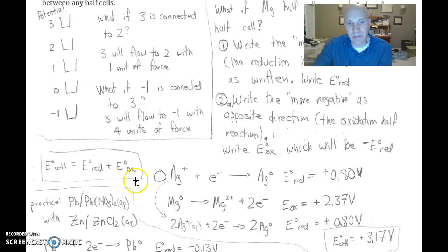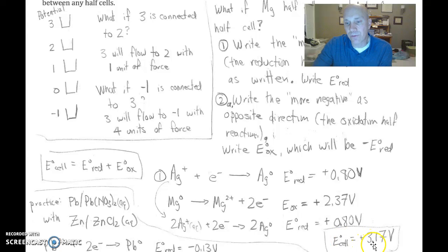All right, so here's the big thing to remember: the EMF, the electromotive force of the cell, is nothing but the electromotive force of the reduction plus the electromotive force of the oxidation. All right. Well, since this is now written as the oxidation, all we have to do is sum up these two values right here, and we can figure out the electromotive force of the cell.